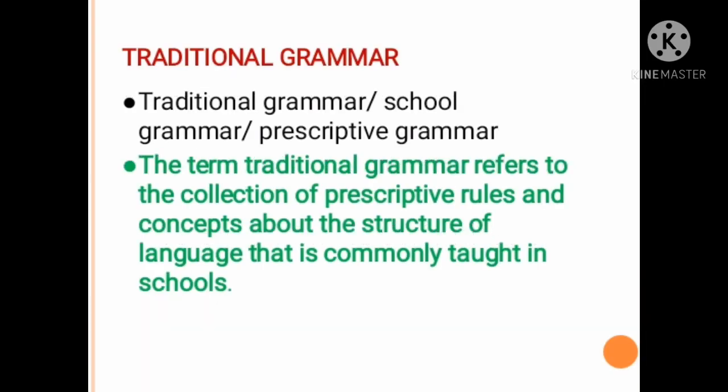From our school days, we have learned many grammatical rules, like a sentence should have a subject-verb-object pattern, and we have learned different tenses, and we have learned how to use conjunctions, interjections, and prepositions in a sentence, and how to make question tags and active passive transformations, etc. These grammatical rules are known as traditional grammar or school grammar or prescriptive grammar.